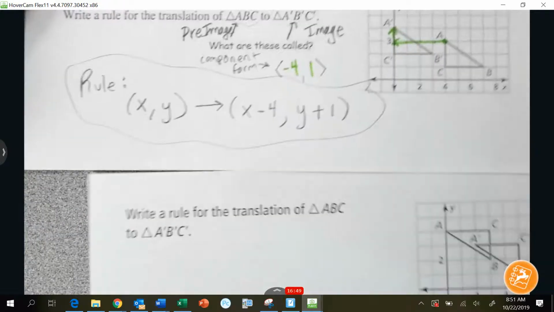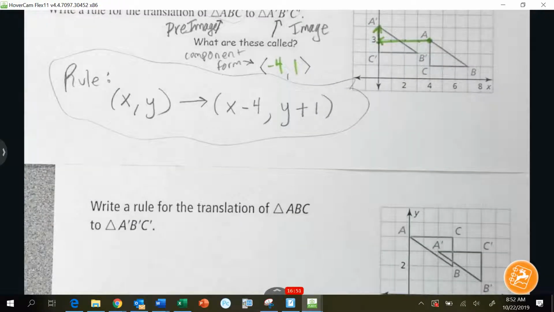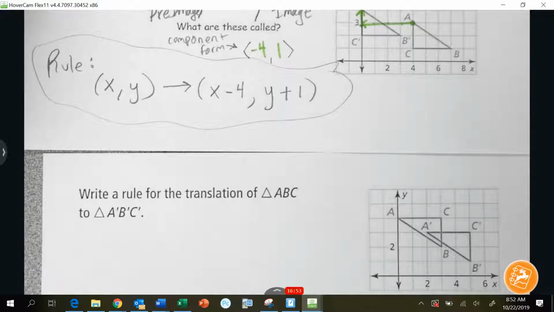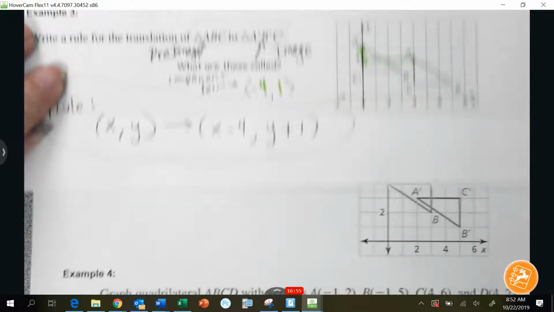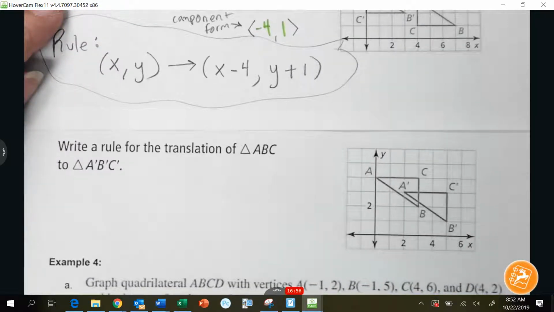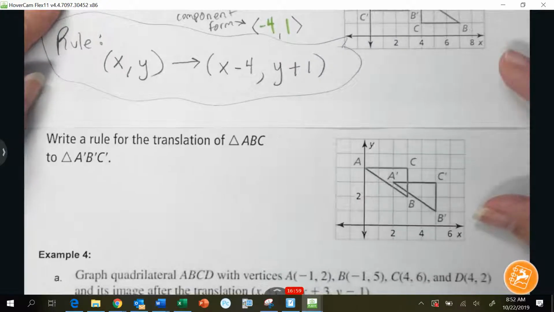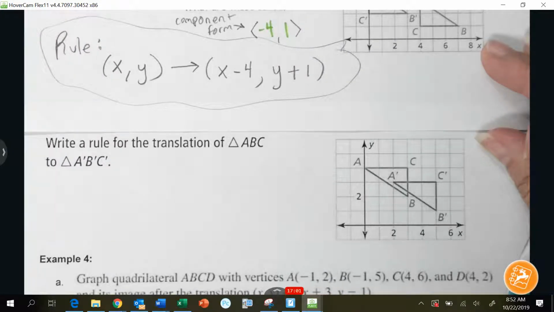So there's a you try. You try to write the rule for the translation of triangle ABC to A prime, B prime, C prime. We're writing a rule.